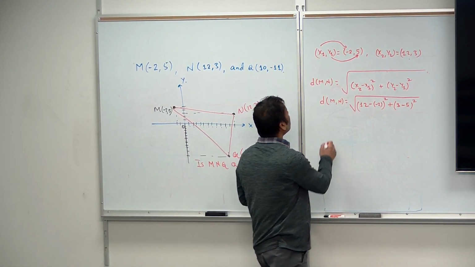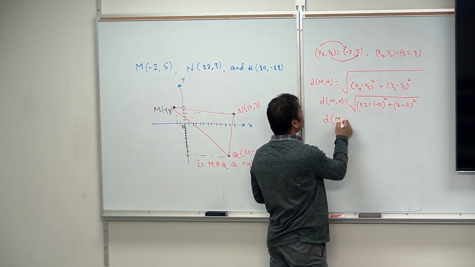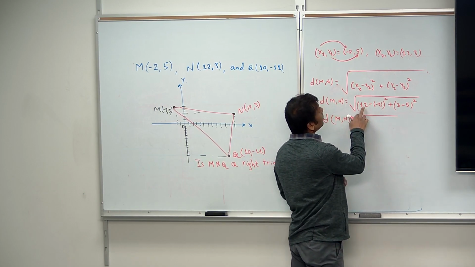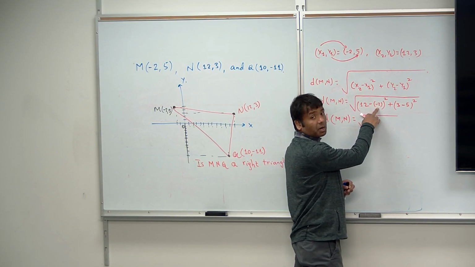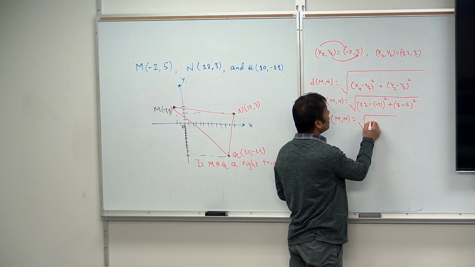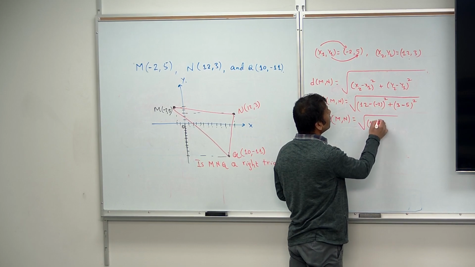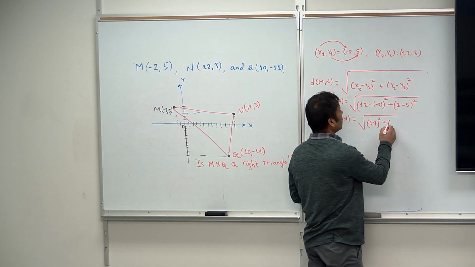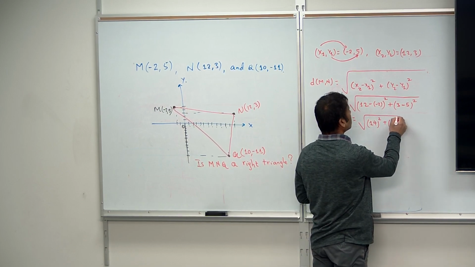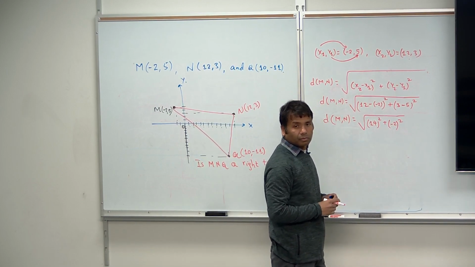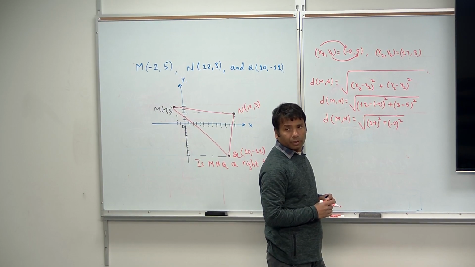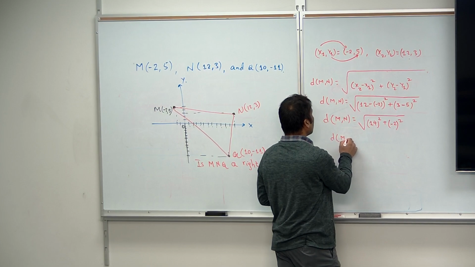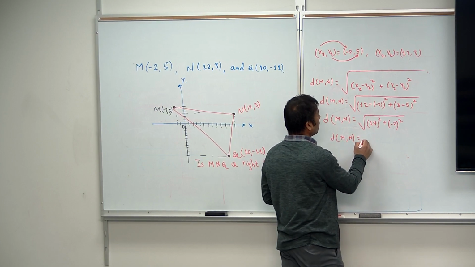Okay, so now you want to find the distance between M and N. It is the radical. So 12, minus negative 2 is positive 2, so 12 plus 2 is 14. So this is 14 squared plus 3 minus 5, which is negative 2 squared. Right? So the distance between M and N equals the radical.